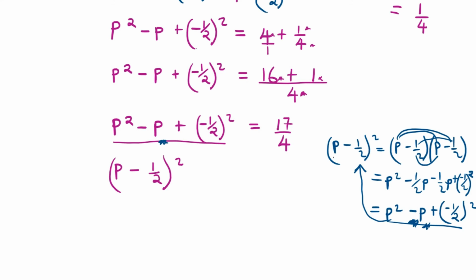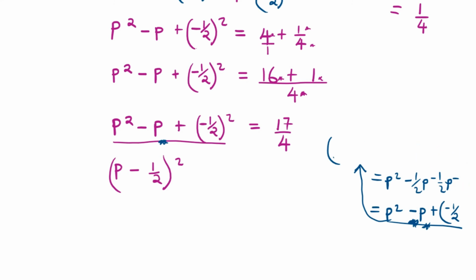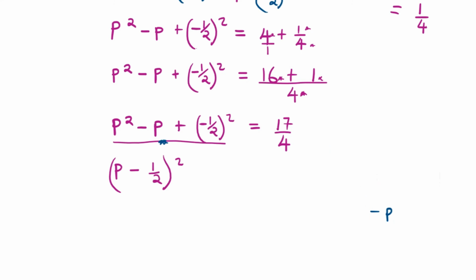Okay, so we can wrap this part. I was just trying to show you where that one is coming from, in case you have forgotten. So we can proceed. We can say it is equal to 17 over 4.